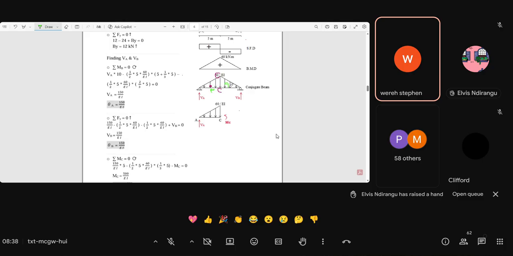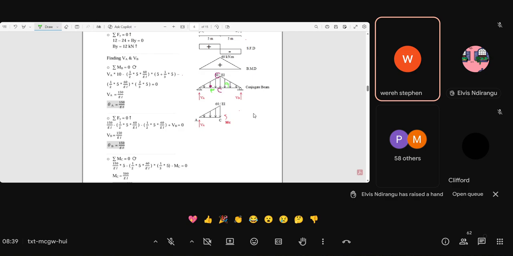Again, moment is load times distance from A. So the distance from A to the center of gravity of this triangular load will be AC plus 1 over 3 CB. Then the total loading is half times CB times the height, which is 60 over EI.